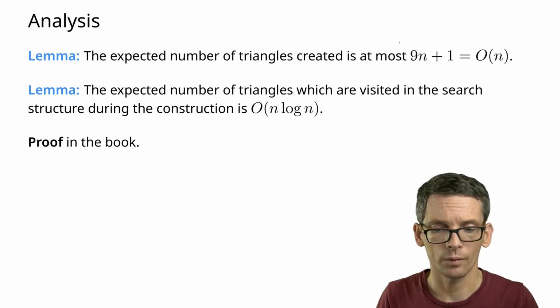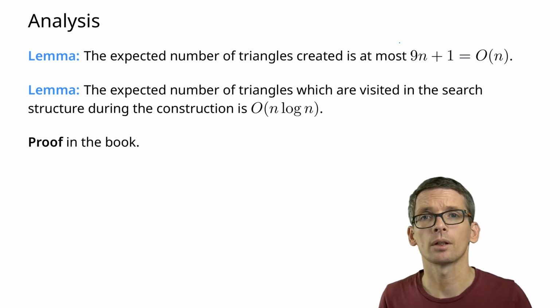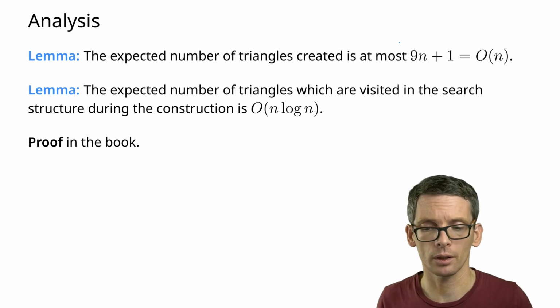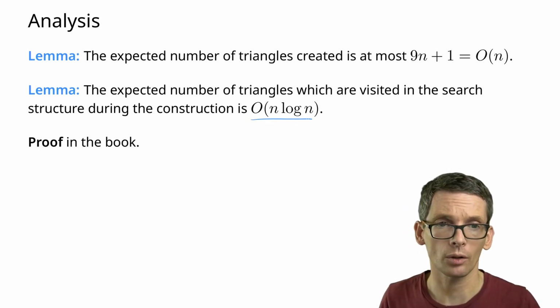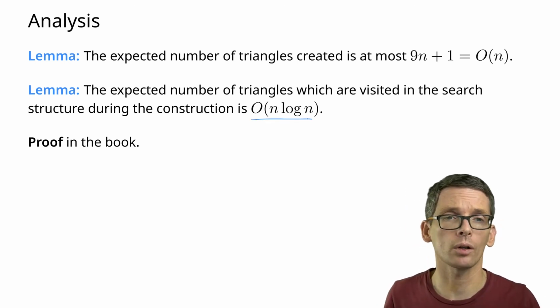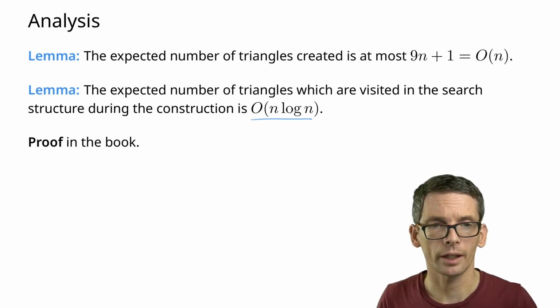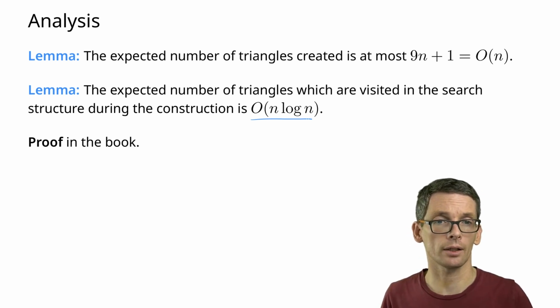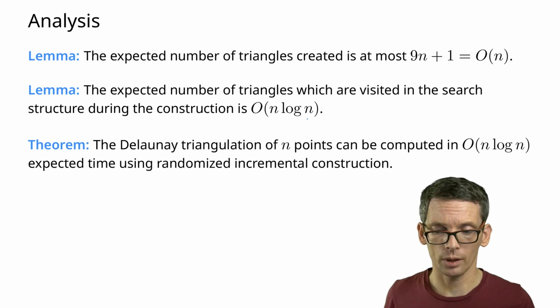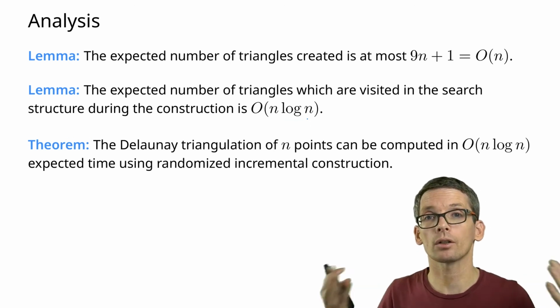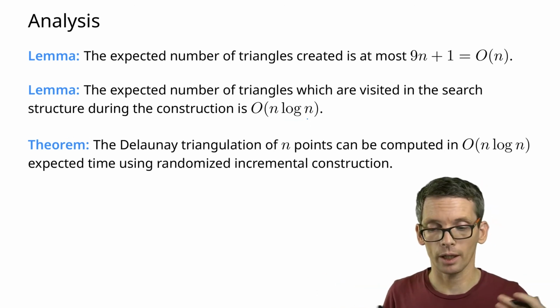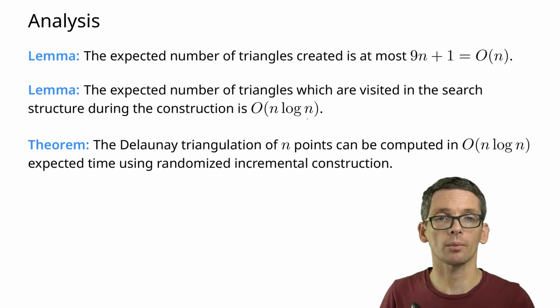The proof or the analysis you can find in the book. It's slightly more intricate, and I'm going to leave it out here, but what you get is that overall your construction will run in expected order n log n time. So what we know now is we can compute the Delaunay triangulation of n points in expected order n log n time using a randomized incremental construction.